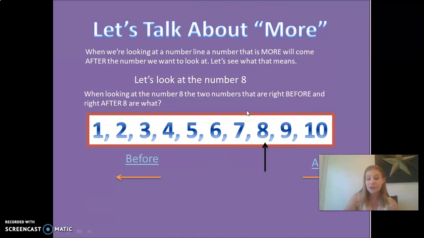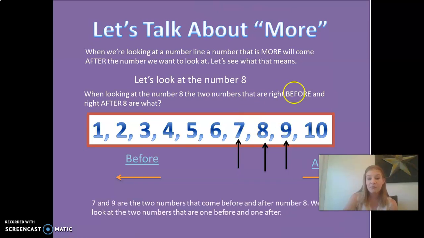So when we want to know which one is one more or one less of a number, we're only going to look at the two numbers that are right next to it to help us determine which one is the correct answer. So the two numbers next to 8 are 7 and 9. So these come right before, 7 comes before, and 9 comes after 8.